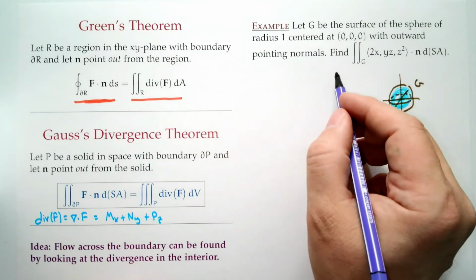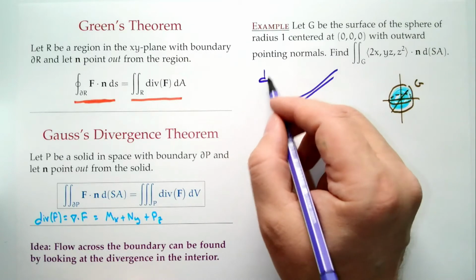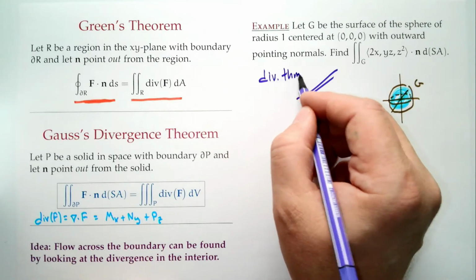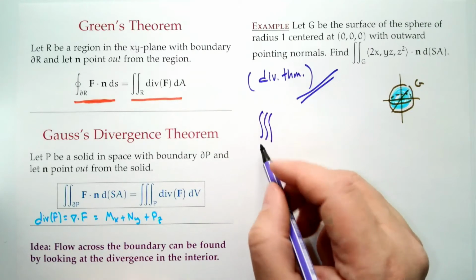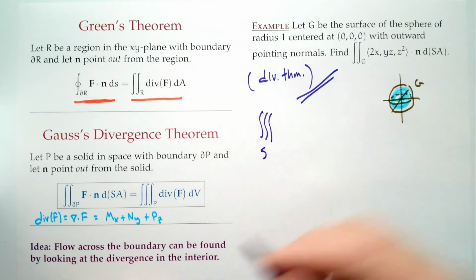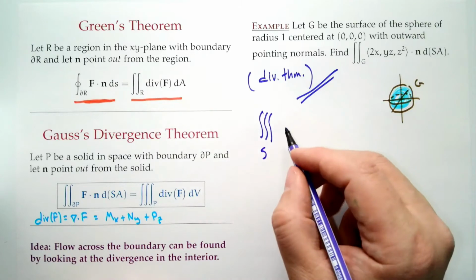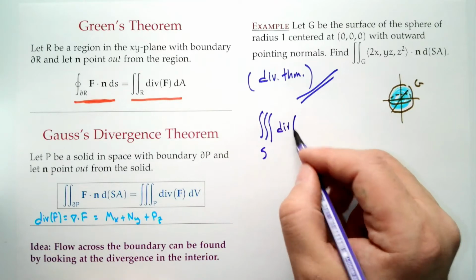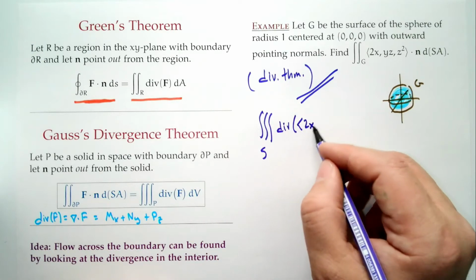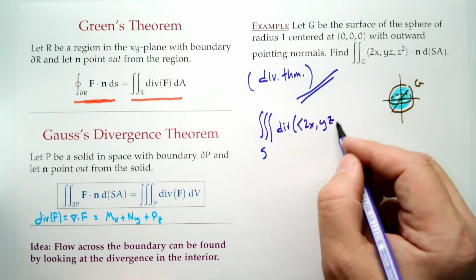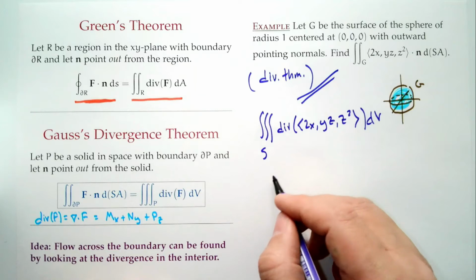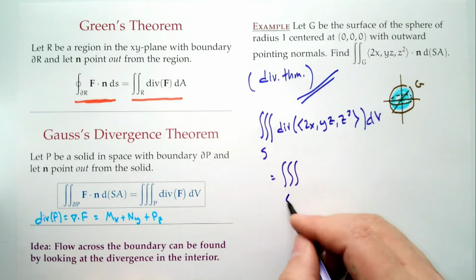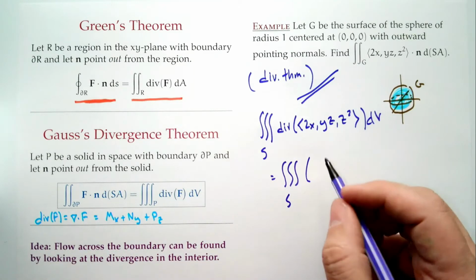This is going to be equal to, by the divergence theorem, the triple integral over our solid, which I'll call S, of the divergence of this vector valued function 2x, yz, z squared. Now we compute the divergence.